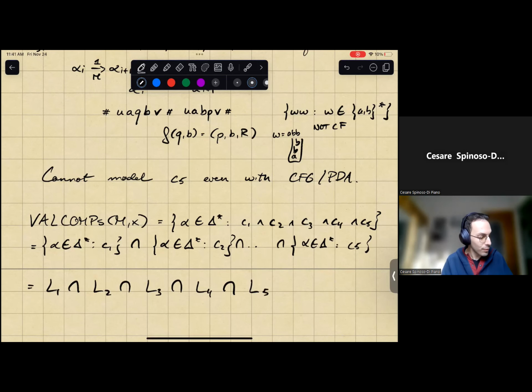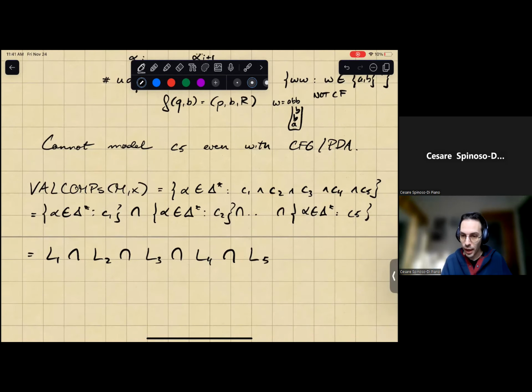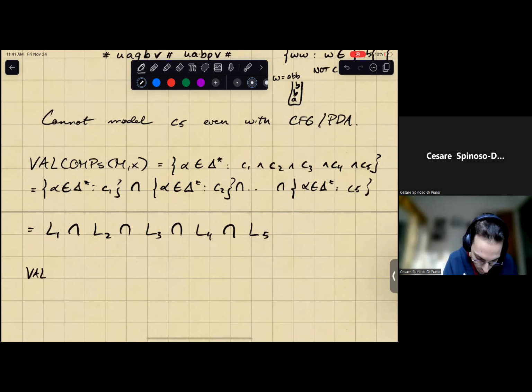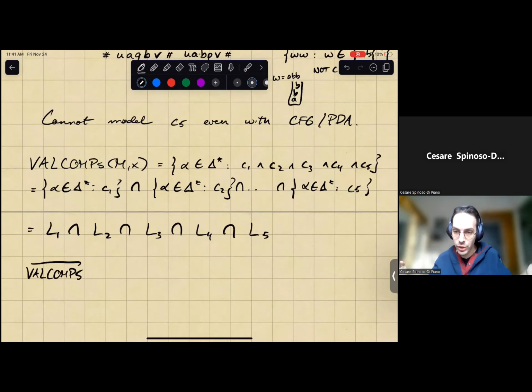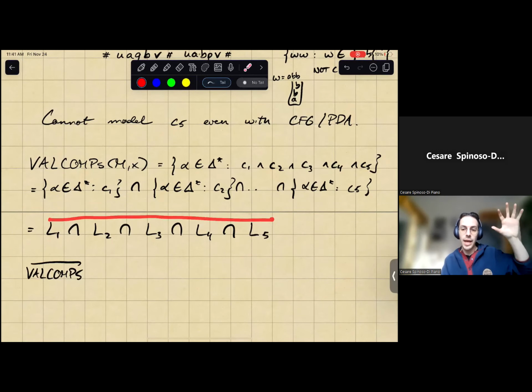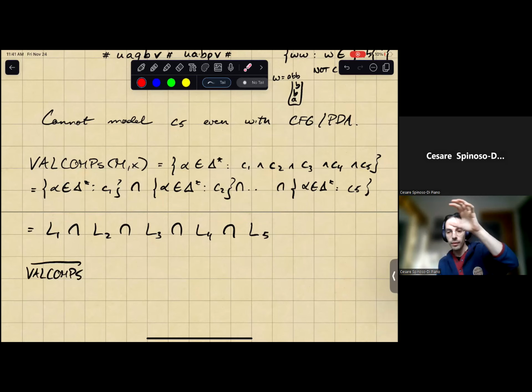Okay. So let's now talk about the complement of Valcomps. If I have an intersection of languages, and languages are just sets, then if I apply the complement to all of this, I apply the complement to each of the sets and union them together.